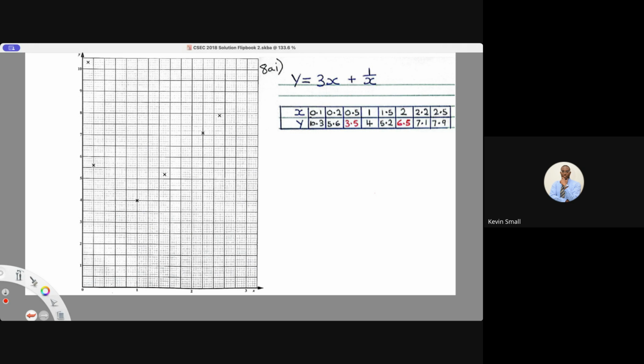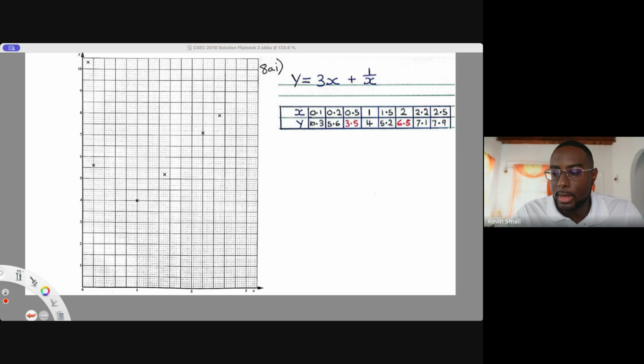Now, of course, if you've never seen this kind of graph before, you might be wondering what am I really drawing? But really and truly, it's not a hard graph to understand. You just fill in the points now. So the first one is 0.5 and 3.5. So I come across to 0.5 on the x-axis.